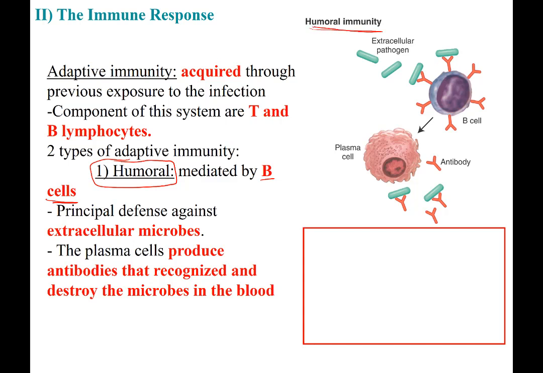You have the schema here. Look at the right part of the slide, humoral immunity. The B cells have a very important role of being able to recognize an antigen. The antigen is going to bind to it, and we'll see later on how, but they're going to be able to recognize this antigen. Then, because of that, they're going to be activated by it, and they mature into a plasma cell.